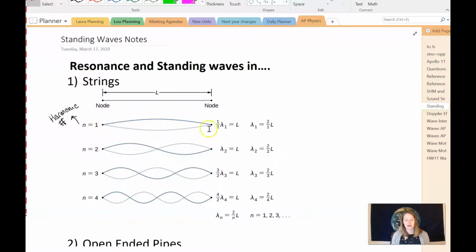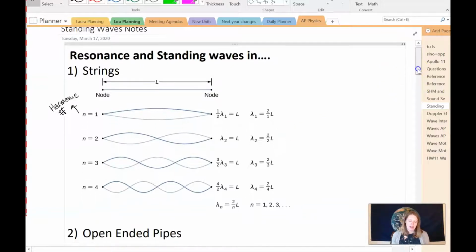In this case, the fundamental is a half of a wave. So the length of the string has a half of a wave, and so the wavelength of that first harmonic is 2 times L. We can identify each harmonic by this integer number n, which corresponds to how many half wavelengths, or how many of the fundamental, fit in the length of the string.